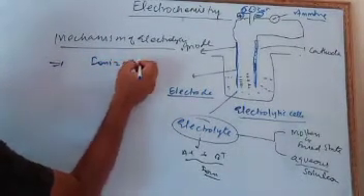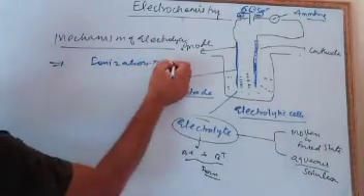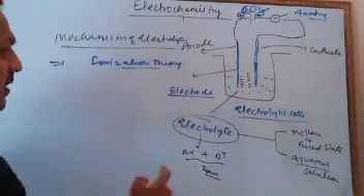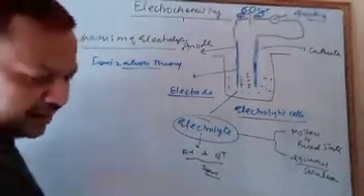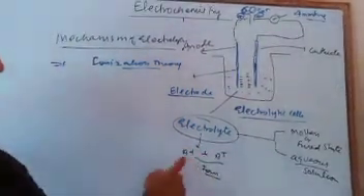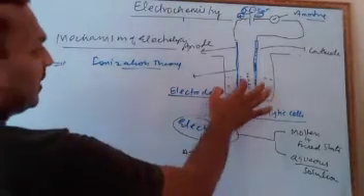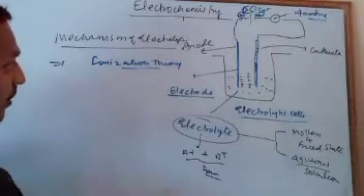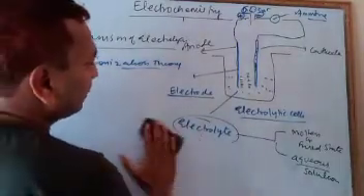So according to ionization theory, when an electric current is passed, the electrolyte dissociates into ions. These are the positive ions, and these are the negative ions.